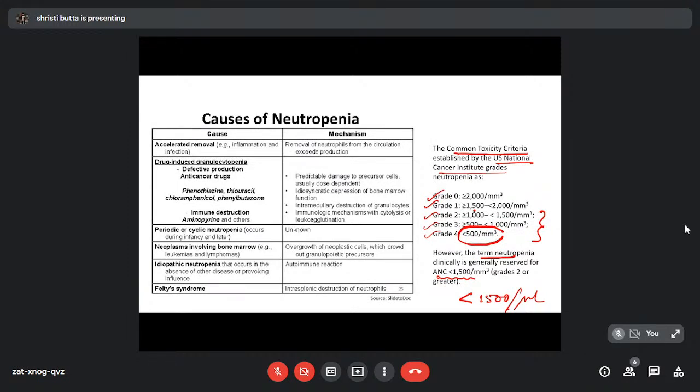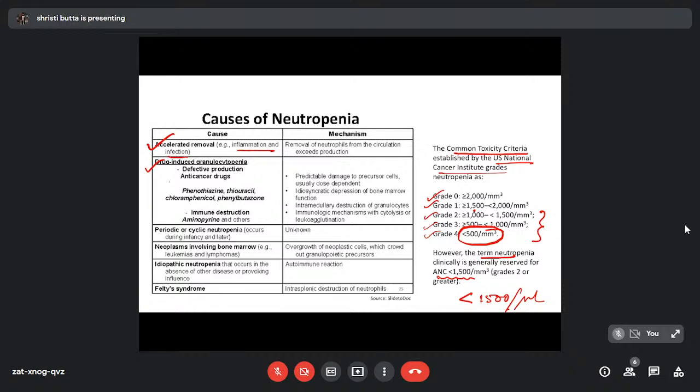per microliter. Now there are several causes of neutropenia, one of which is the accelerated removal of neutrophils. The accelerated removal of neutrophils from the circulation when it exceeds its production results in neutropenia. That typically occurs in infections and inflammation. In drug-induced causes, we have drugs like phenothiazine, thiouracils, chloramphenicol, phenylbutazone, etc., which all result in an idiosyncratic depression of the bone marrow function and intramedullary destruction of the granulocytes.